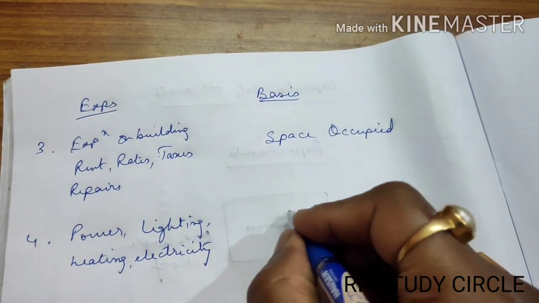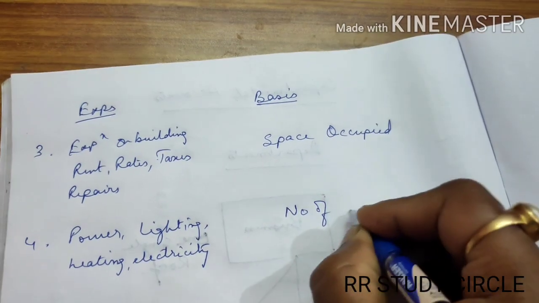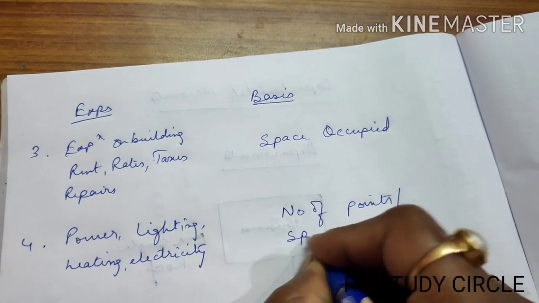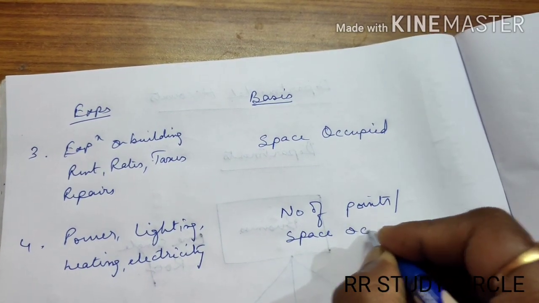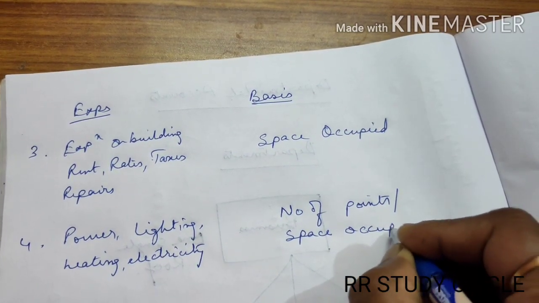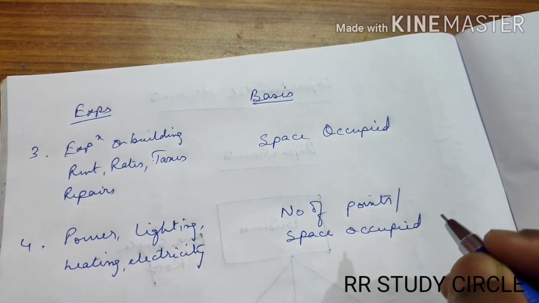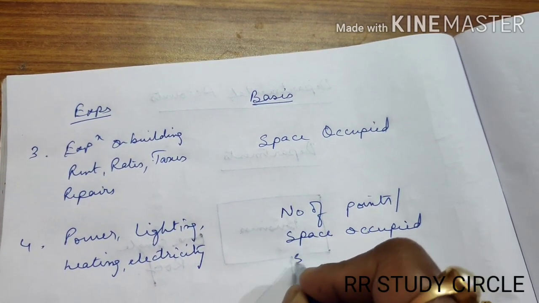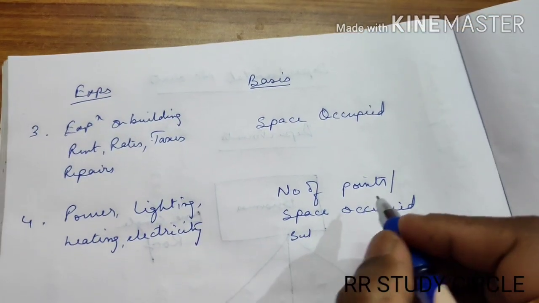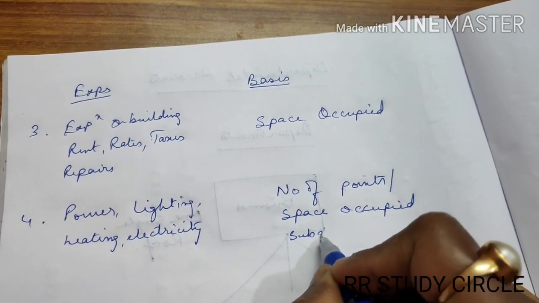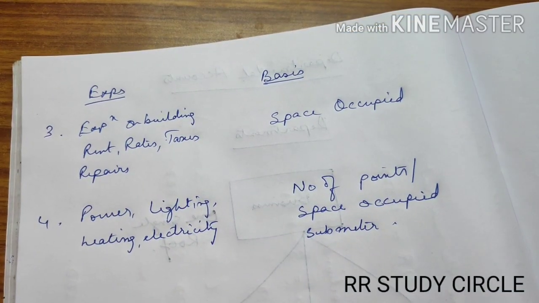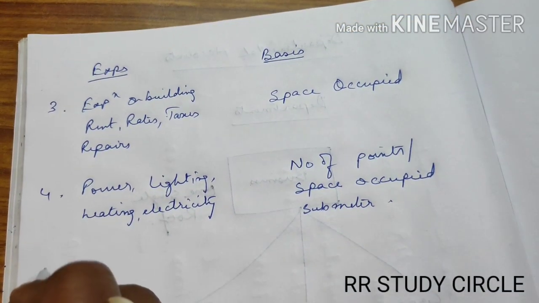On the basis of number of points or space occupied. Number of points of what? Number of points means the electrical points, you can say, or if there is a separate submeter, because these relate to electricity. So if there is a separate submeter, based on the submeter reading also the expenses might be allocated.